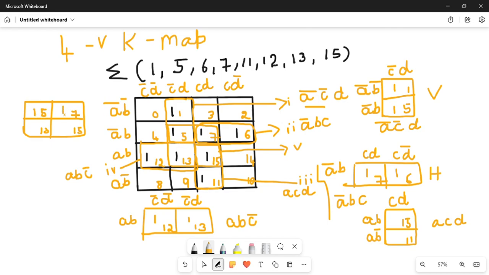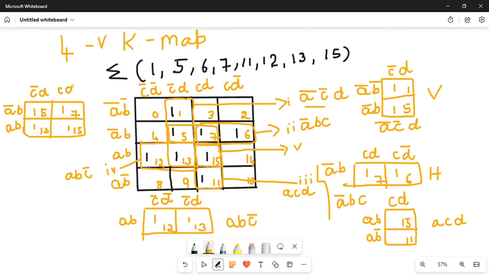So in this row you have A bar B, and in the third row you have AB. This 5 and 13 come under column number 2, wherein you have C bar D, and this 7 and 15 come under column number 3, wherein you have CD.